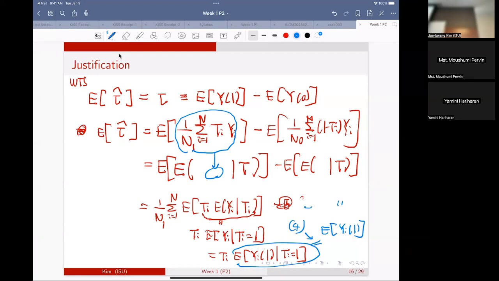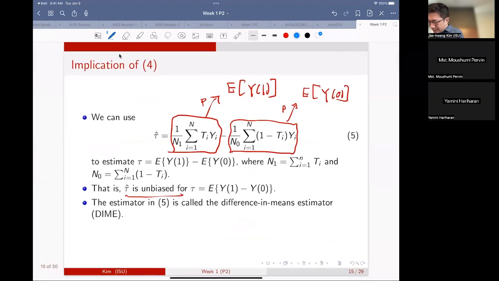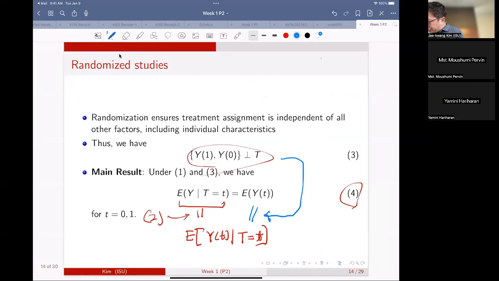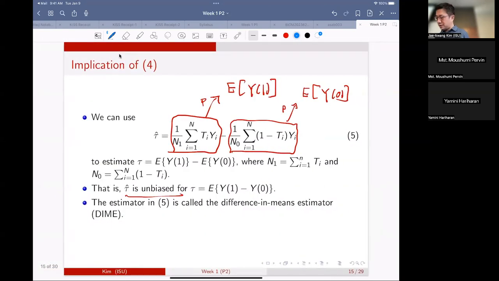So N1 cancels, and the only thing left is this one. Is it clear? What do you need more explanation on? This is essentially algebra using equation 4. Using this result, you should be able to show it.